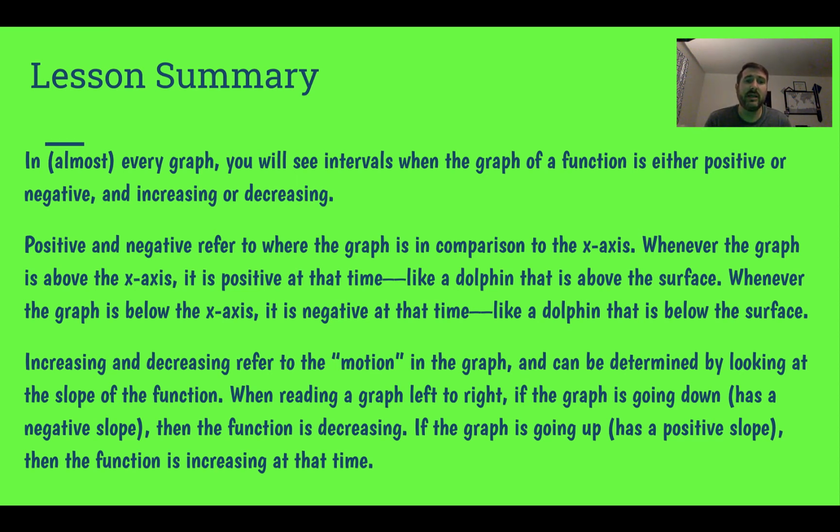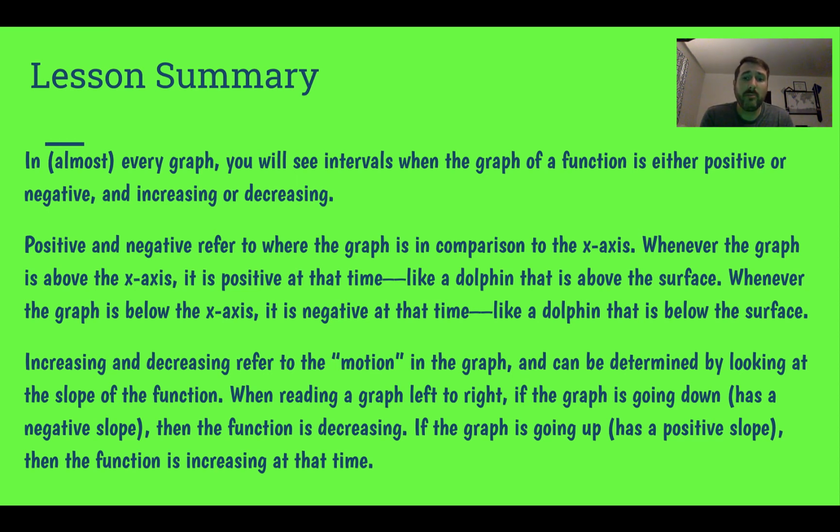Increasing and decreasing refer to the motion in the graph, and you can determine that by looking at the slope. So when you're reading the graph from left to right, if the graph is going down, having a negative slope, then the function is decreasing, like when the dolphin was swimming deeper.